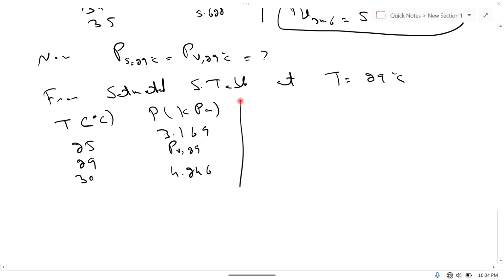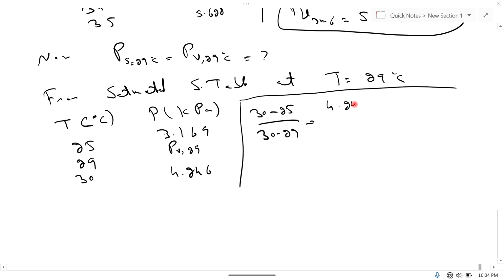So do interpolation for this. So third value minus first value, 30 minus 25 divided by 30 minus 29 is equal to third value minus first value divided by third value minus second value.